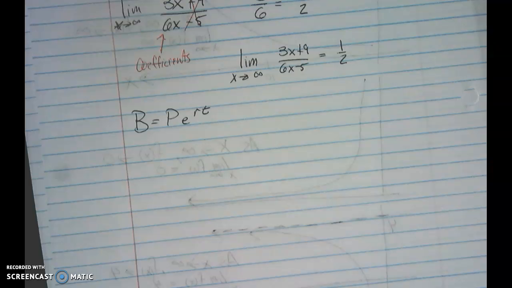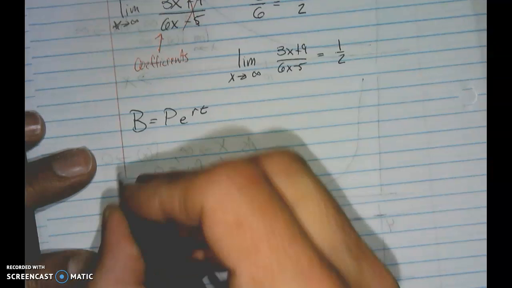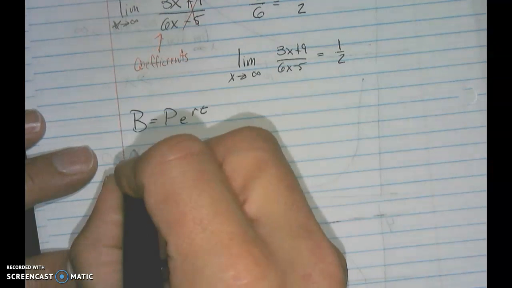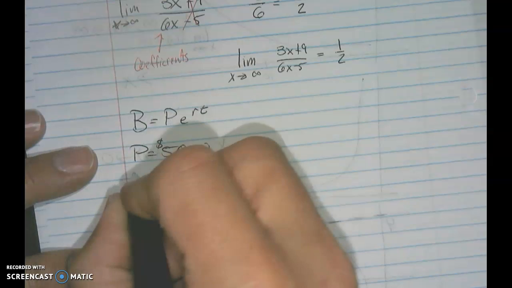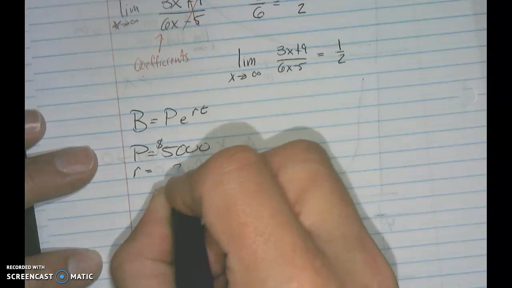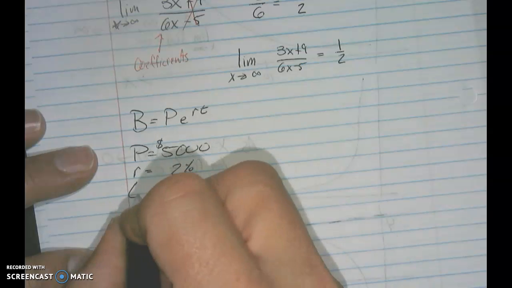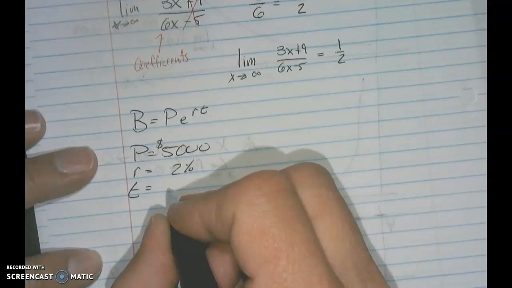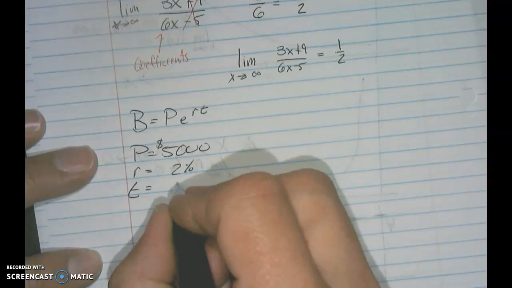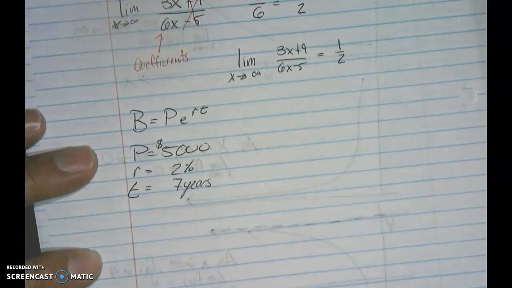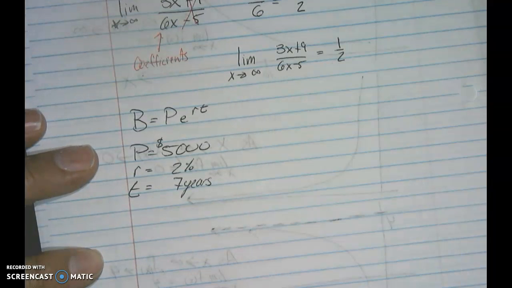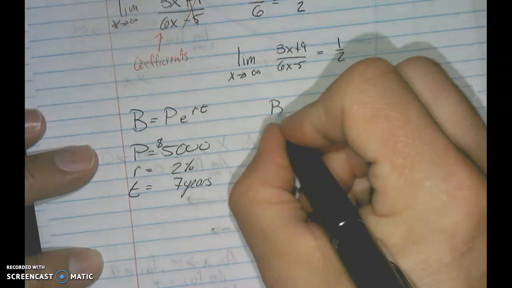Okay, so just to get you a little practice with this, we're going to say that our principal is $5,000. Let's do a rate of 2%, and let's do a time of 7 years. So the e doesn't change.